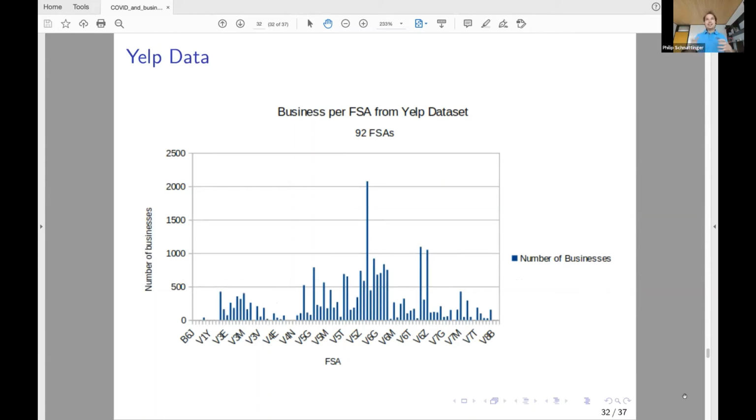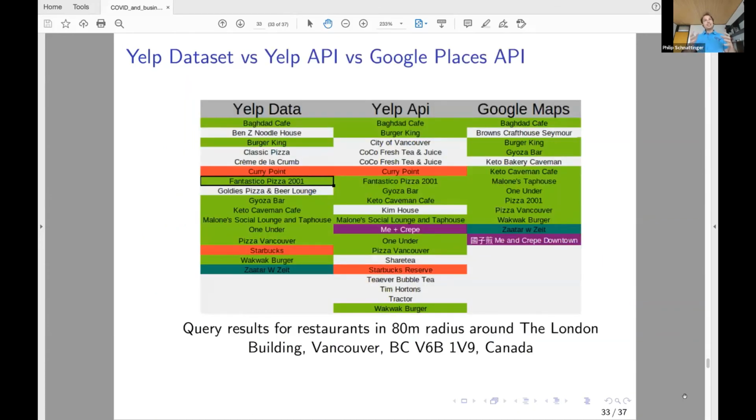On the next slide, you can see that in a sense Yelp usually provides more businesses than Google Maps, but we actually checked whether these businesses still existed, in random samples, as for instance for this postcode. What we found is that usually when we queried Google businesses, they existed.